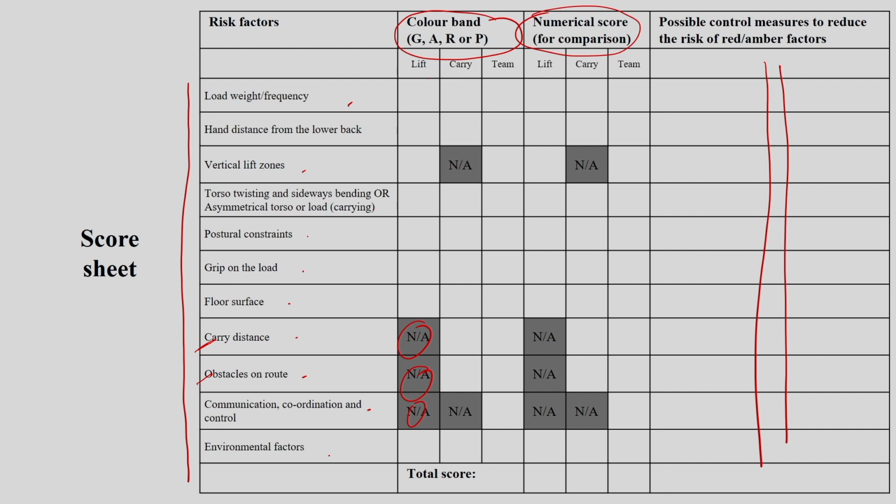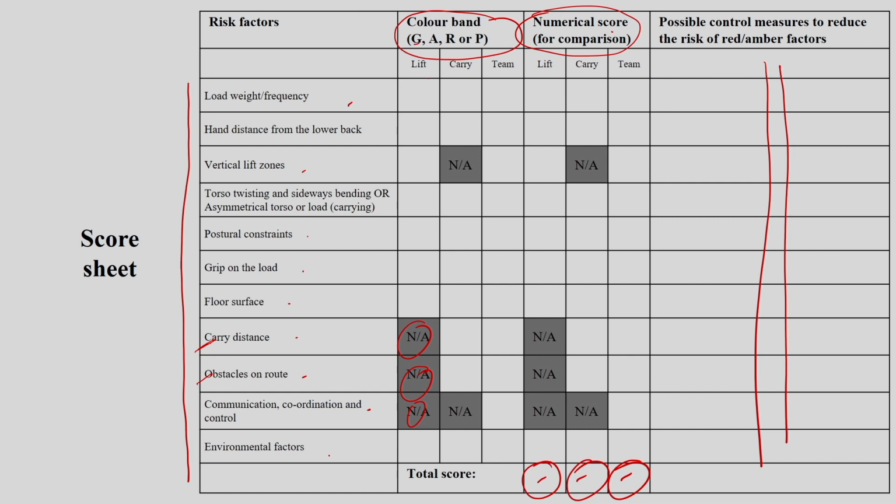Once we get all these things, every color has some numerical number, and we will get those numbers in further charts. Once we get those numbers, we can add them over here. So this is the total score, and this total score is going to help you in further analysis.